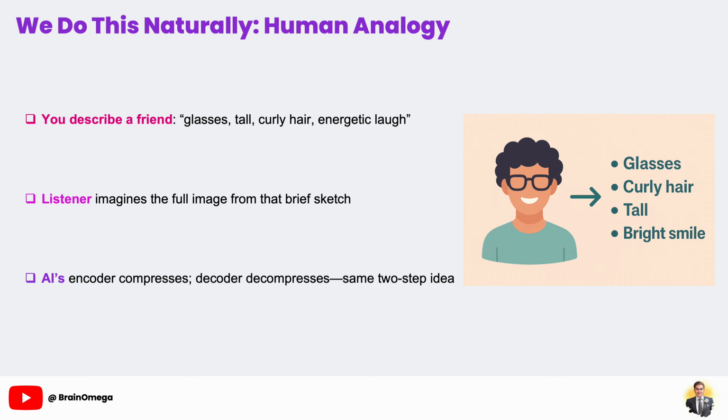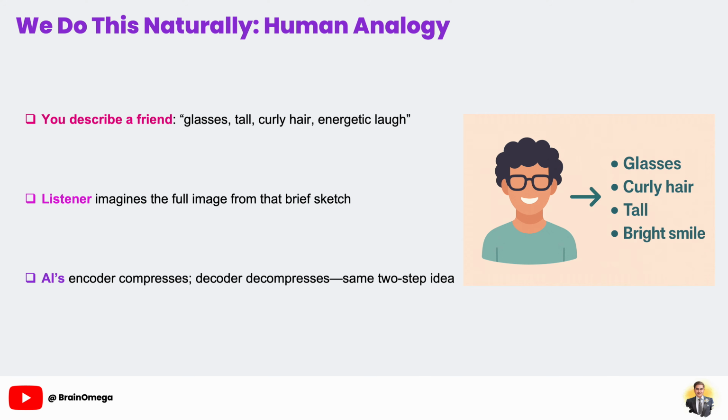Instead, you might say Maria is tall with curly dark hair and rectangular glasses. She always wears bright scarves and has an infectious, bubbly laugh. That simple description is your personal latent code of Maria.